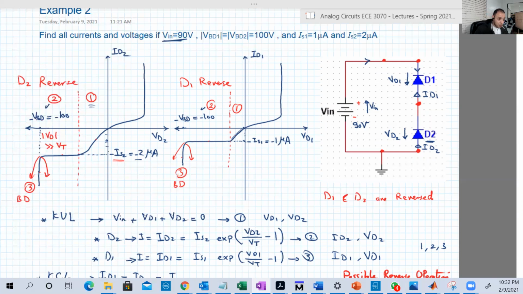So both will have 1 microampere, and under that condition, D1 will be in region 2 and D2 will be in region 1, because if D2 has a current less than minus 2 microamperes, it should be somewhere in here, for example, this point. Okay, and that's what happened here. If we look back, we said that if you are in region 1, you should have a voltage comparable to VT.